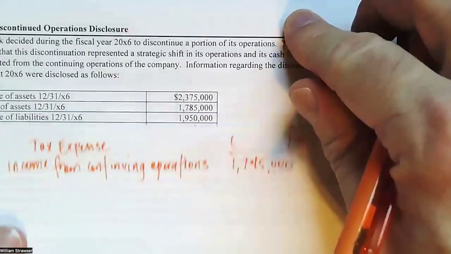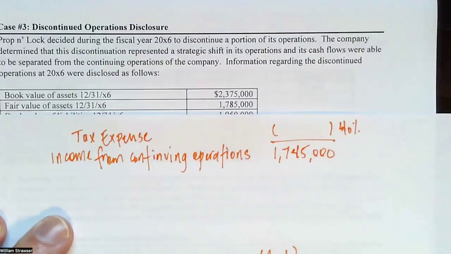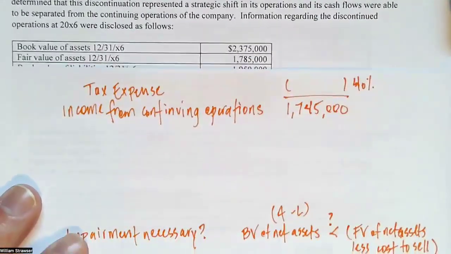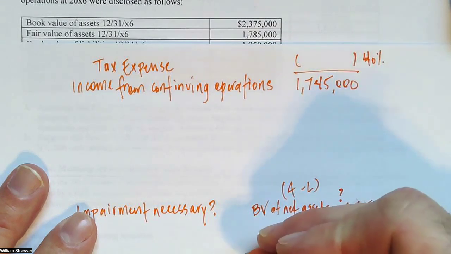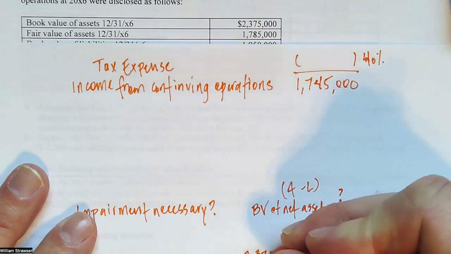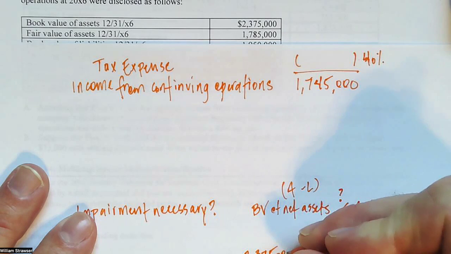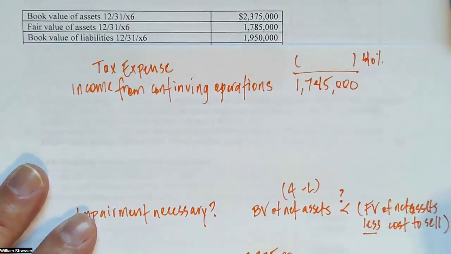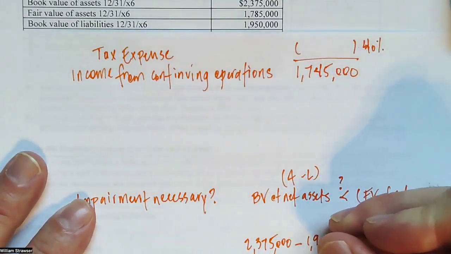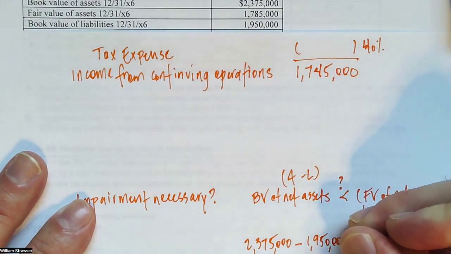And we're going to look at this particular company's portfolio of assets and liabilities. They had $2,375,000 of assets, book value, and their liabilities had a book value of $1,950,000.